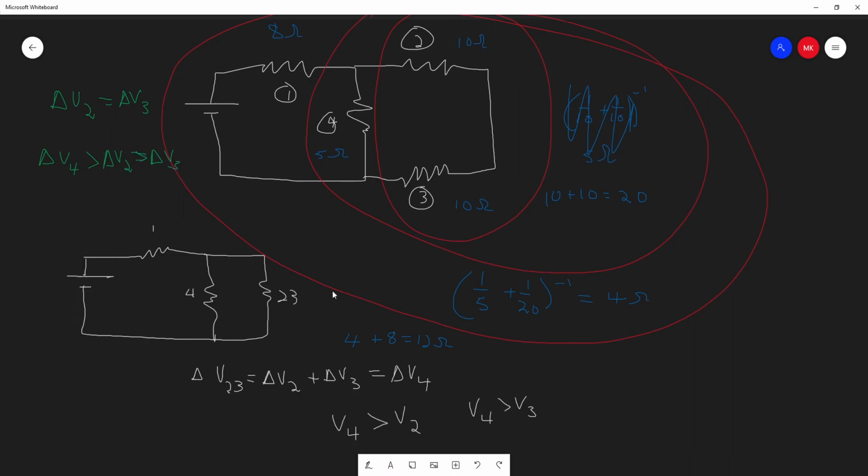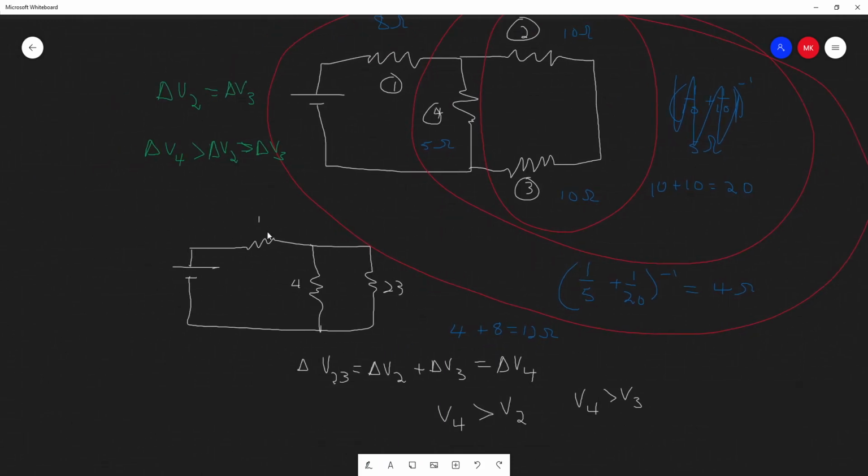So what about delta V1 now? Well, if we're combining these resistors now, we know that these have the same voltage drop across them. So what does that mean for our circuit?